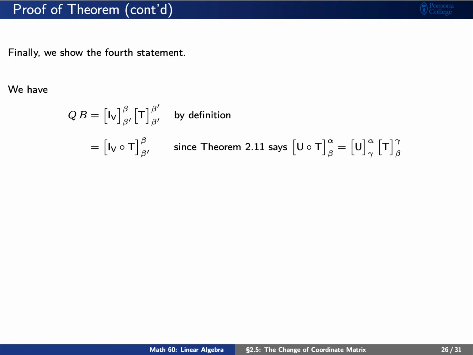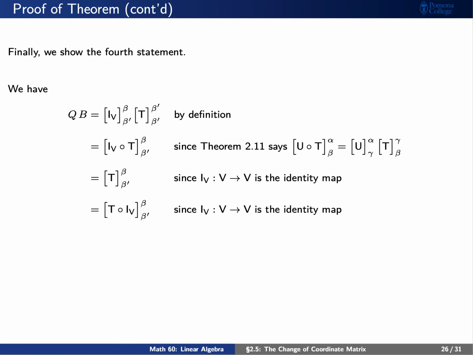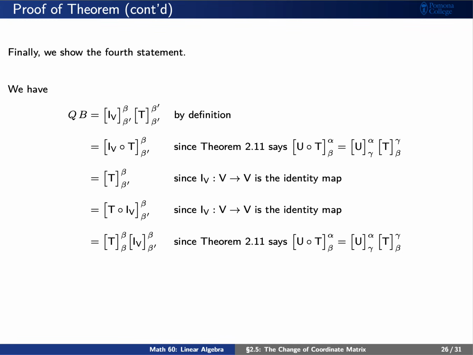Now we know that the product of these two matrices is what we get from the composition, but because I sub V is simply the identity map, nothing's really changing. But now we can express this once again as the product of matrices, and again, if we stare at our definitions, we see that this here is A times Q.